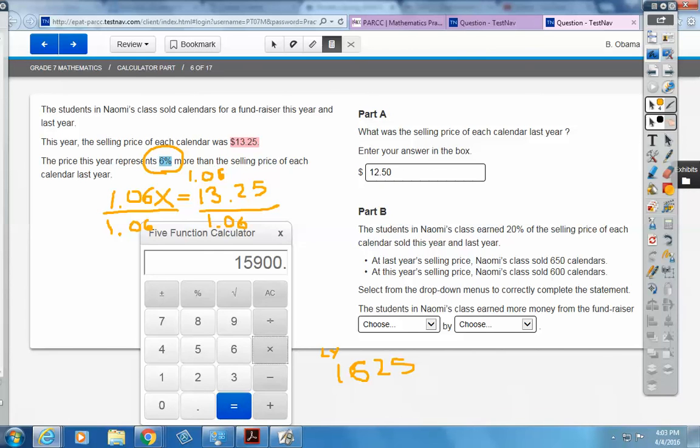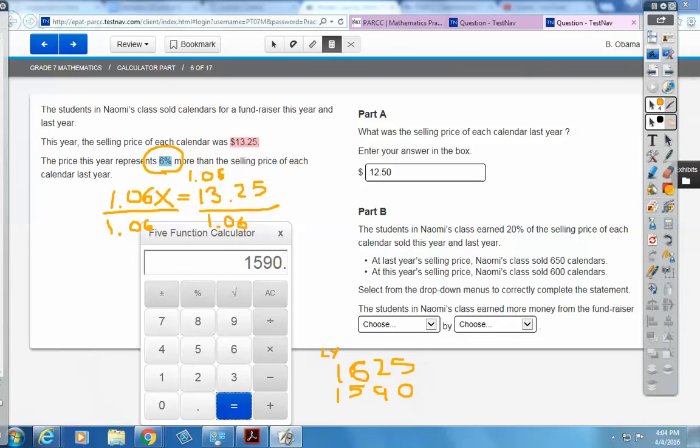Oh my goodness gracious. I have to do that again, I'm sorry. So 600 calendars sold at $13, so watch out, Campbell, 25 cents. And we only got to keep 20% of it. So this year we only made $1,590.